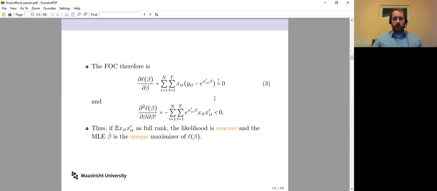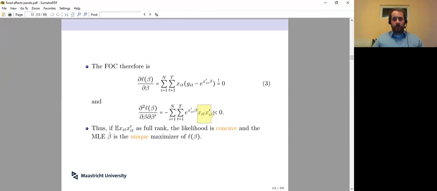Now, we also want to know whether the likelihood is actually concave. The only thing that we need to do is take the second derivative. If we do this, we see this part here again does not depend on beta, so we only have to care about this part multiplied by x_it. What we get is that this is always positive.